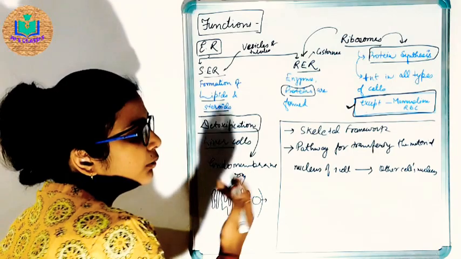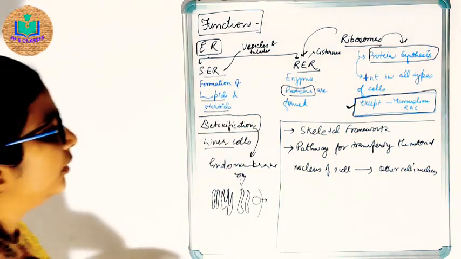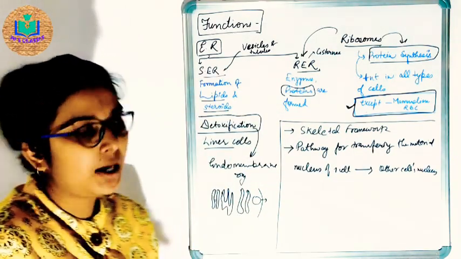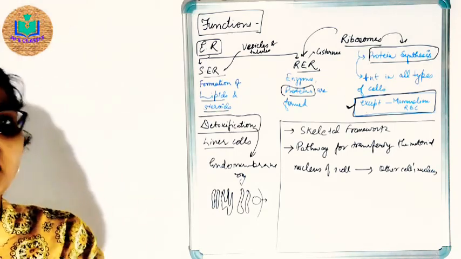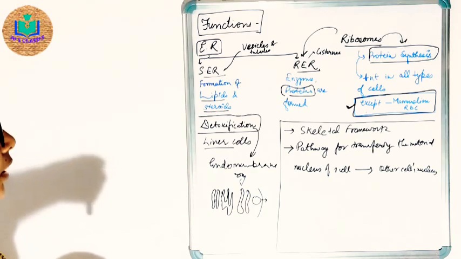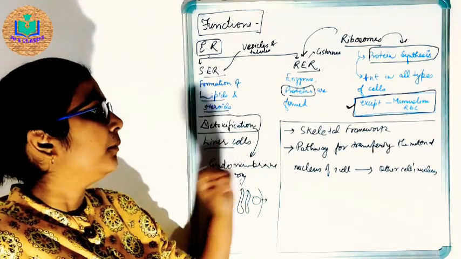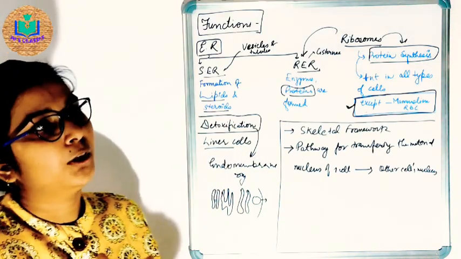From one cell nucleus to another cell nucleus, it generally performs a function in transferring materials. The genetic material is interconnected with each other with the help of the endomembrane system, and the endoplasmic reticulum provides the pathway.